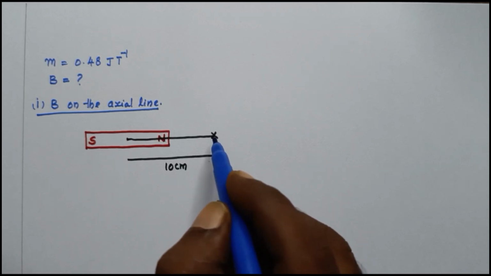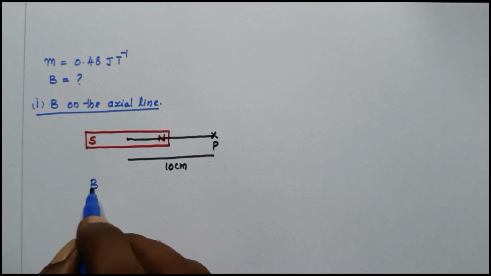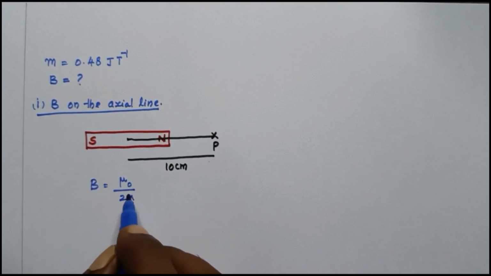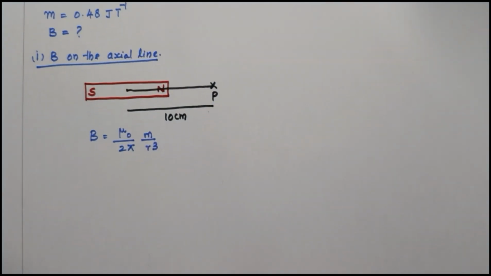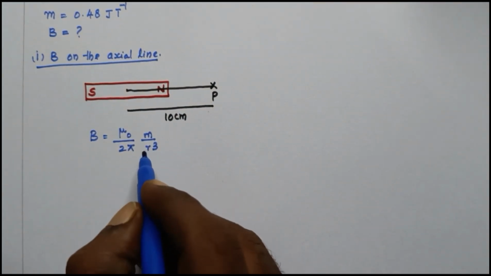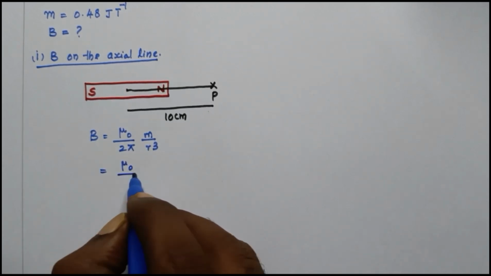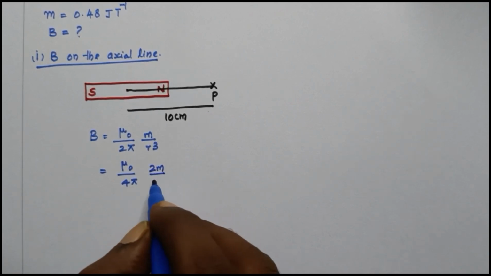The magnetic field on the axial line is given by the relation B is equal to mu 0 by 2 pi, m divided by r cube. For the calculation purpose, this formula can be written as mu 0 by 4 pi into 2m by r cube.